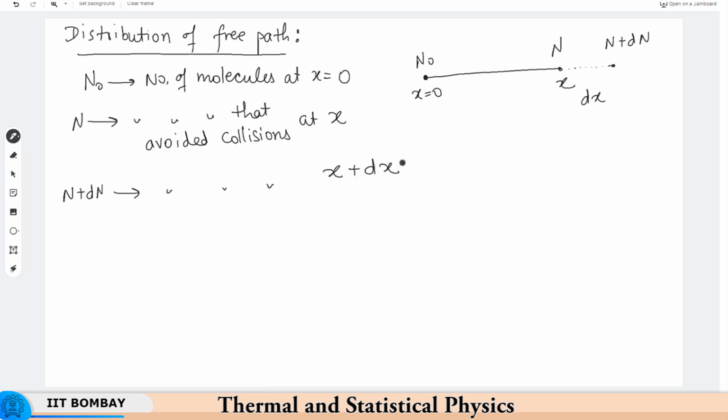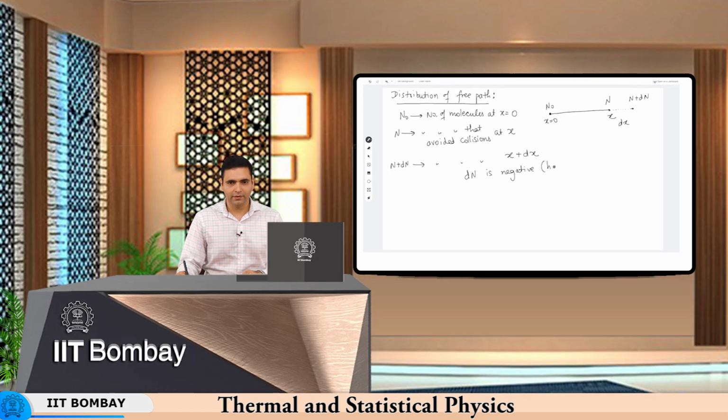And you can already imagine that this dn has to be negative, right. You can't gain, there is nothing like negative collision, right. So, you will keep losing these molecules. So, dn has to be negative.